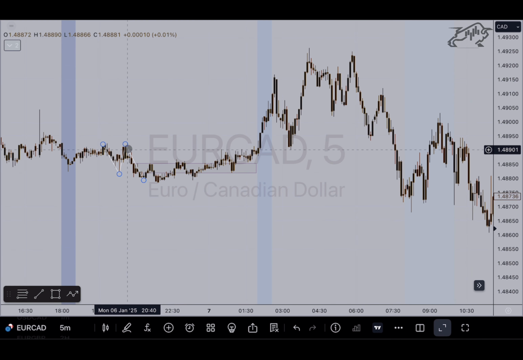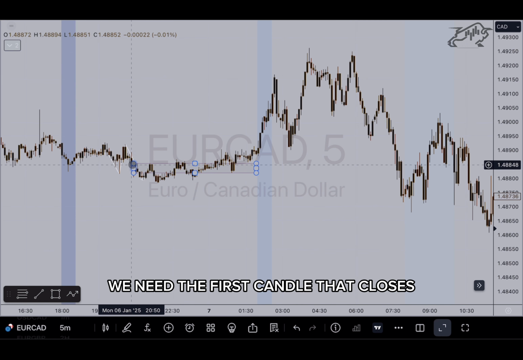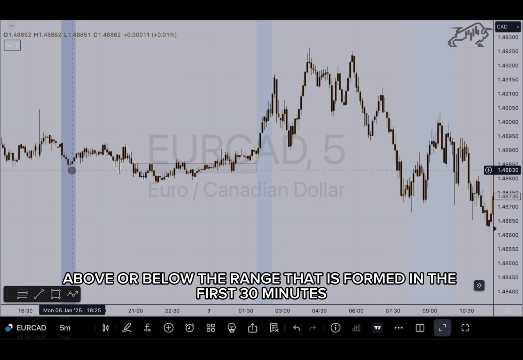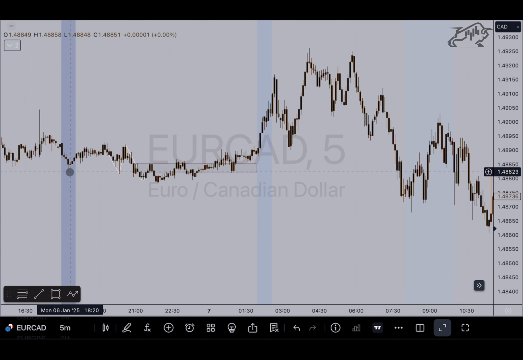And this is the pendulum pattern. We have a bearish variation of the pattern forming, and this candle, we need the first candle that closes above or below the range that is formed in the first 30 minutes, okay? This is the first candle that is closing below the low right here, and it is also going to be our pivot candle for our pendulum, okay?